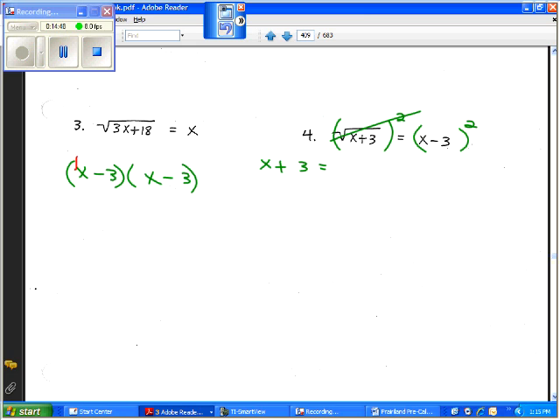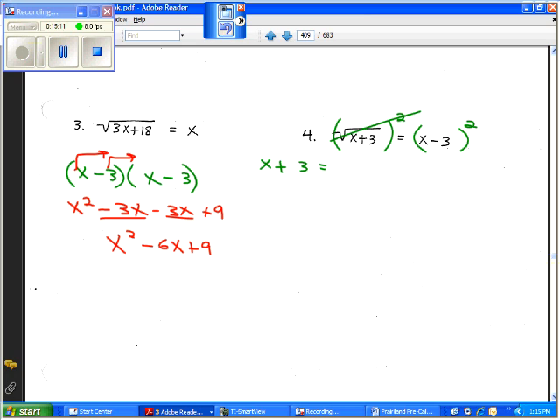And so you can send the x through and send the negative 3 through if you like it that way. X times x is x squared. X times negative 3 is negative 3x. Send the negative 3 through, negative 3x. And then negative 3 times negative 3 is positive 9. Combine like terms, x squared minus 6x plus 9.